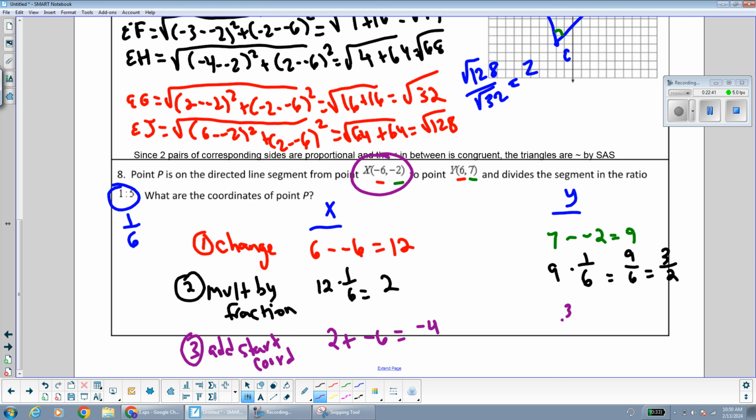And to my result, my 3 over 2, or my 1.5, I'm going to add my starting y coordinate from my start point because I'm working with the y coordinate here. 1.5, which is 3 over 2, plus -2 is -1/2 or -0.5. So the x and y coordinate of the point that divides line segment xy in a 1:5 ratio is the point -4, -1/2.